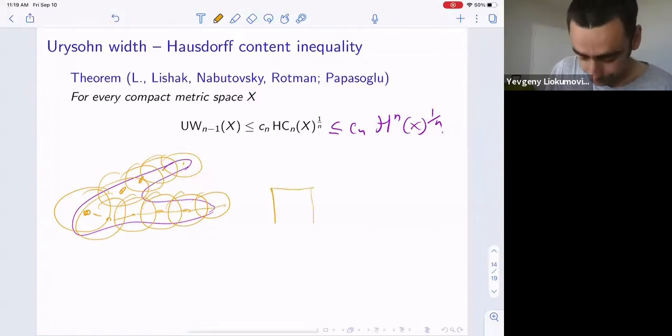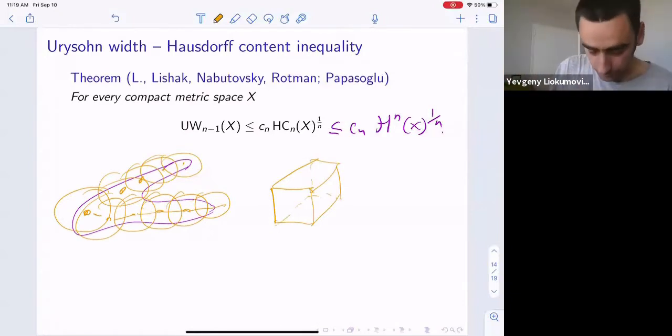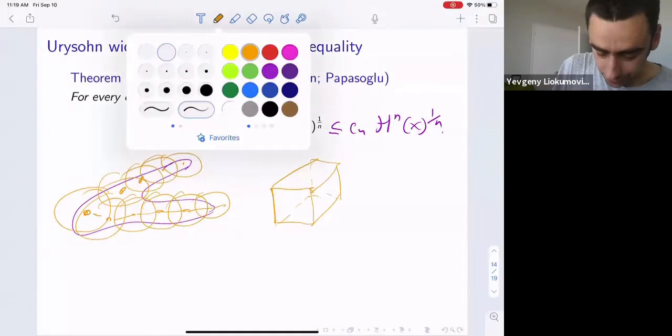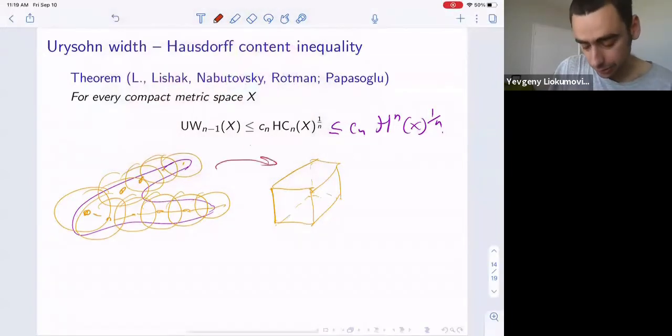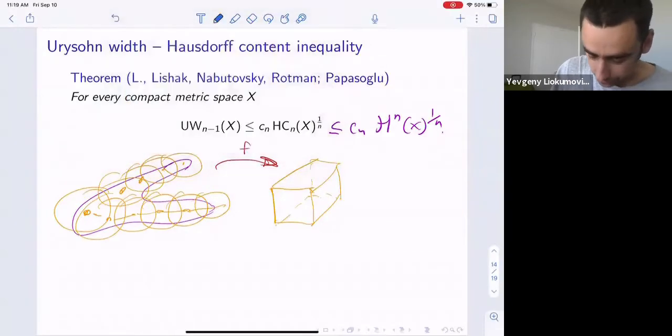And let me draw this nerve separately here as a subcomplex of some large dimensional cube. Then we can use partition of unity, and if our covering was chosen with some special nice properties, then we can map our metric space into this cube.